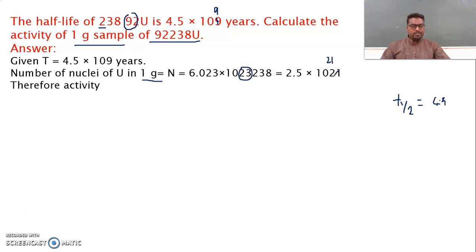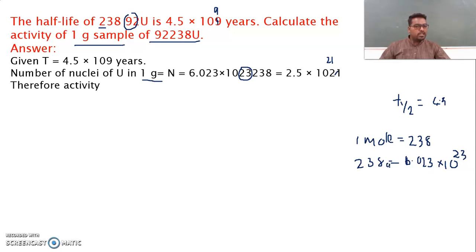That means, dear students, we know that 1 mole of uranium is nothing but 238 gram. So 238 gram contains 1 Avogadro number of atoms, that is 6.023 times 10 to the power of 23 atoms present in 238 gram of uranium.